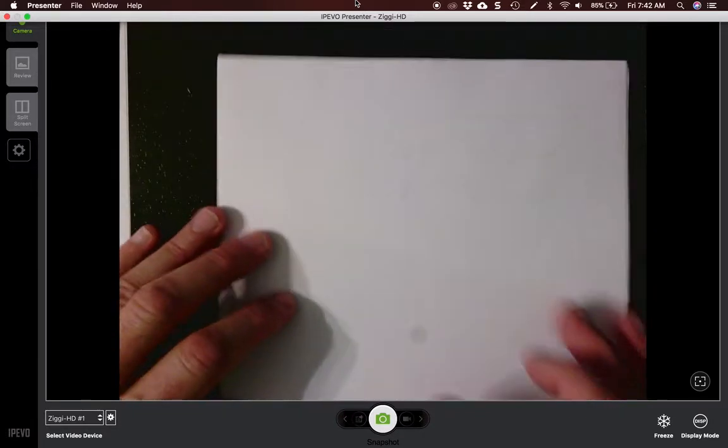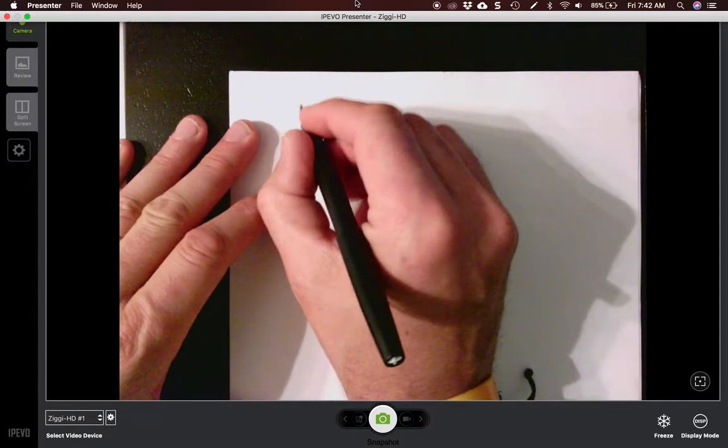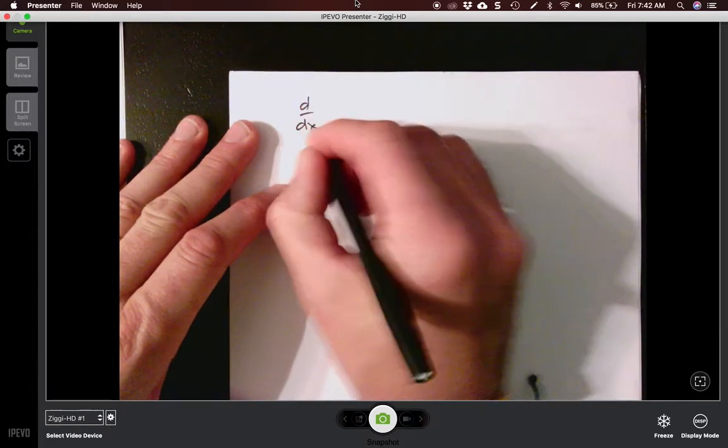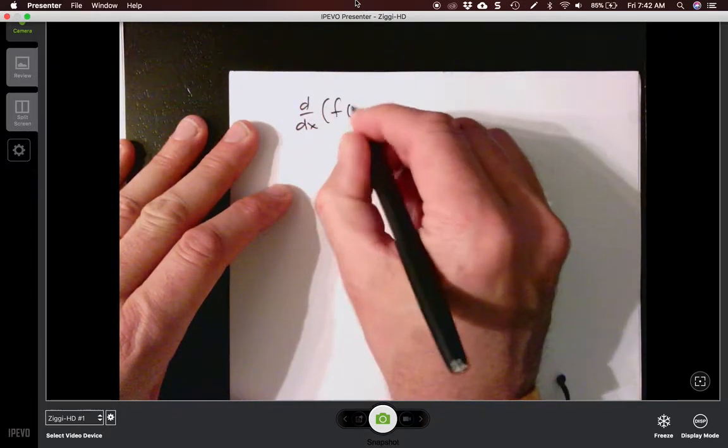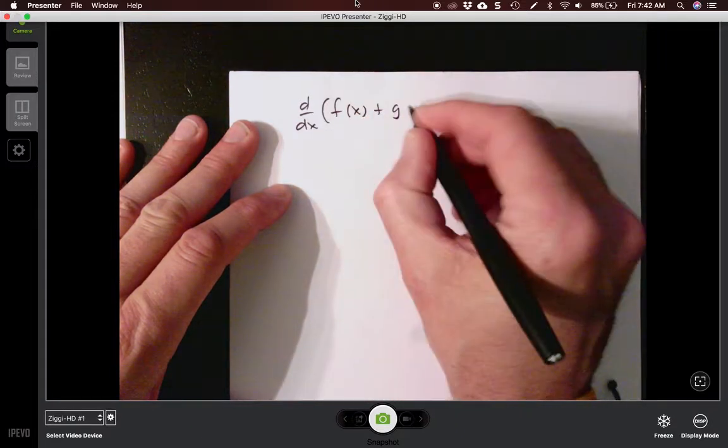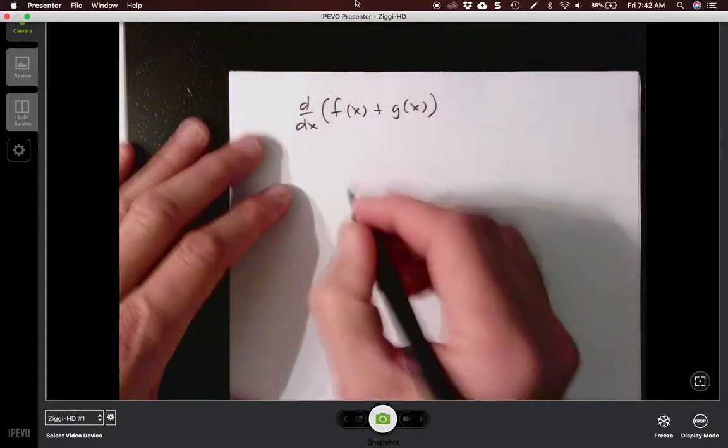Okay, the other thing I want to look at is what if you take the derivative and you've got two functions added together. Let's say a function f of x and another function g of x.